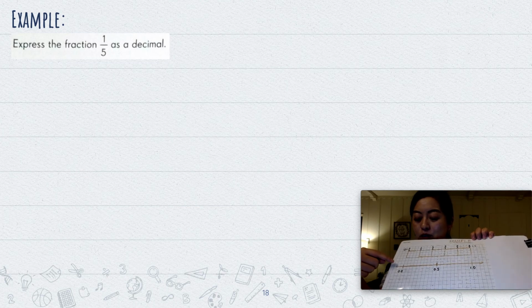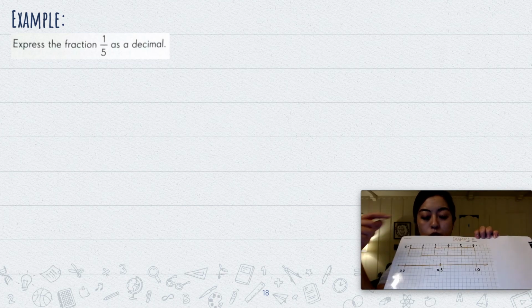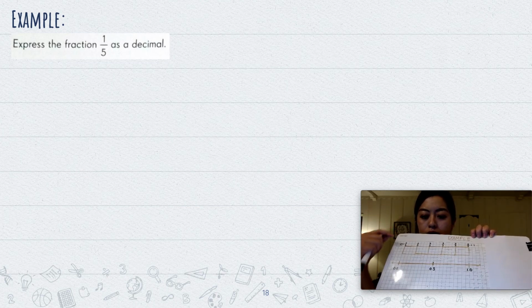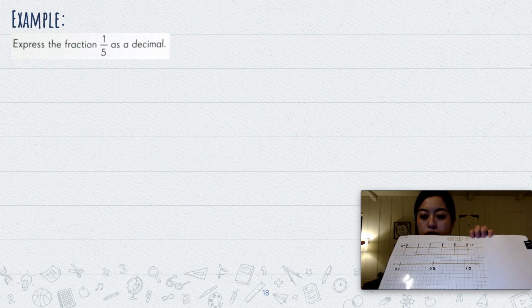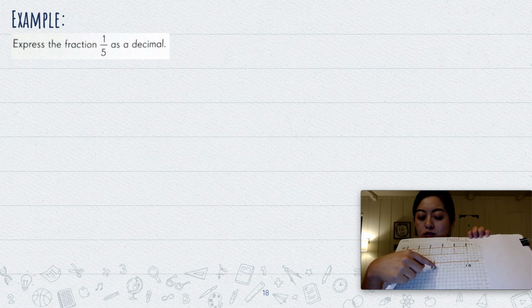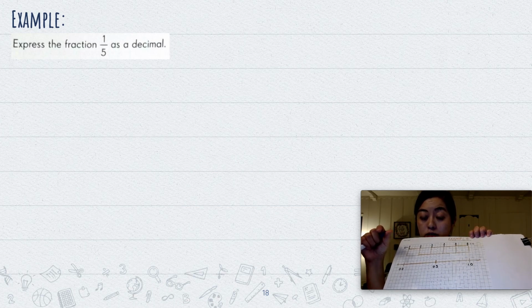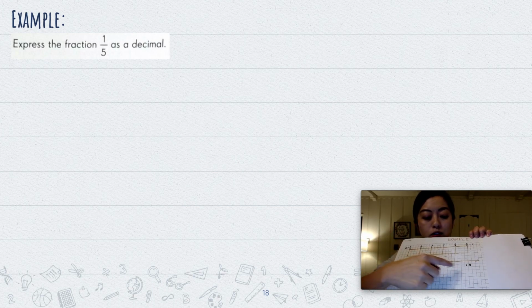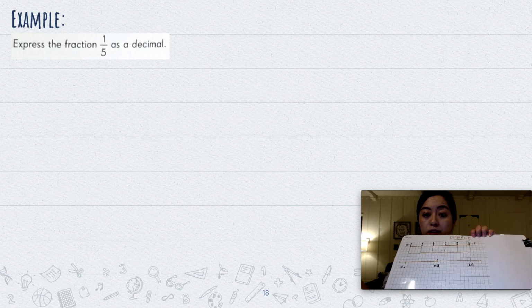What's the halfway point between 0.0 and 1.0? It's 0.5, isn't it? So that means between 0 and 0.5, I need 5 parts. From 0.5 to 1.0, I need 5 parts.